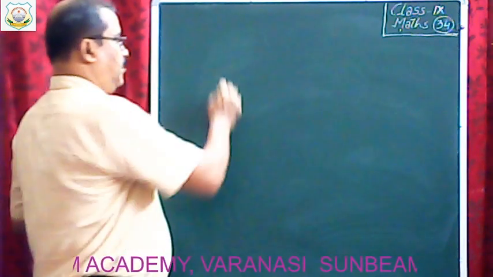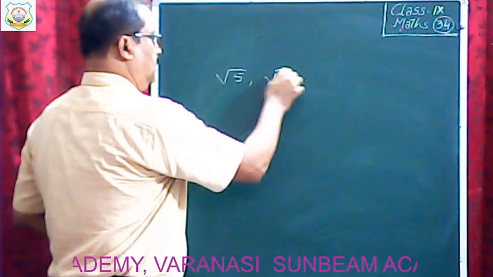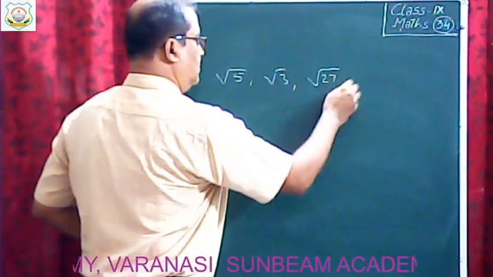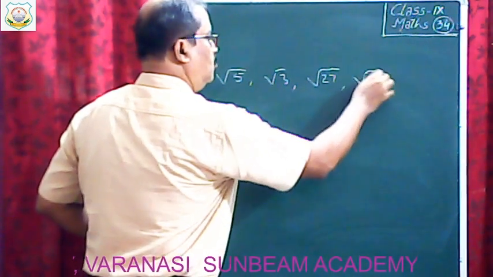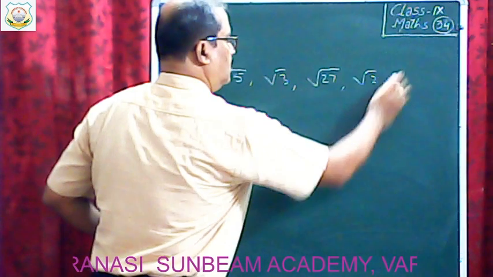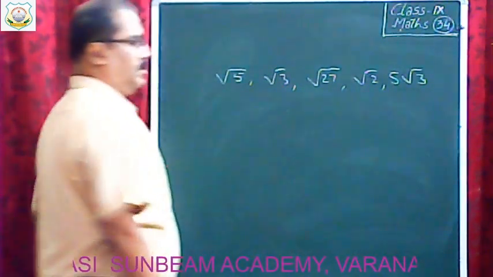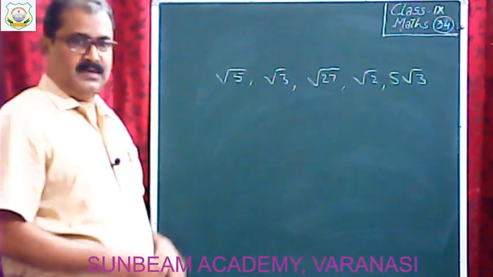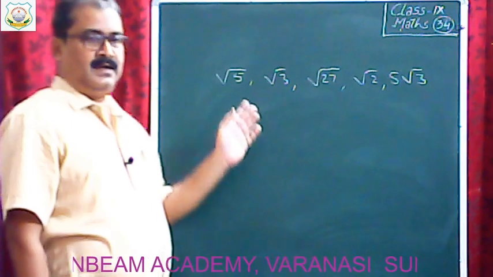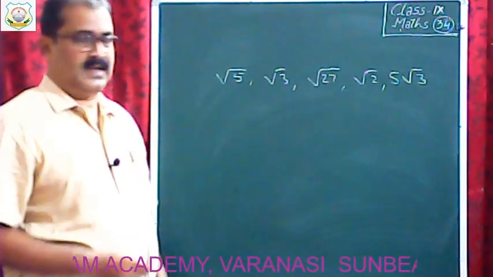Suppose some numbers are there: square root 5, square root 3, square root 27, square root 5, square root 3. So like numbers means you have to check the radicand and index of the radical sign.